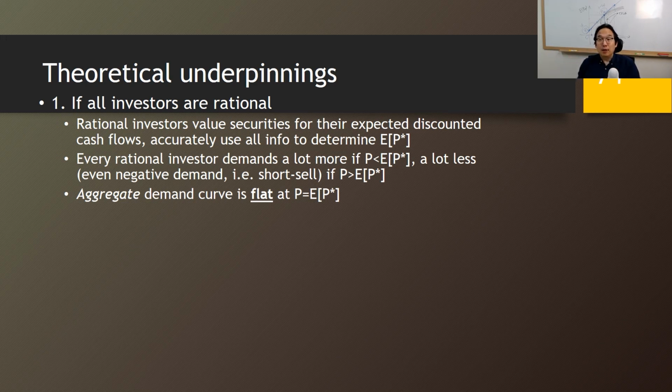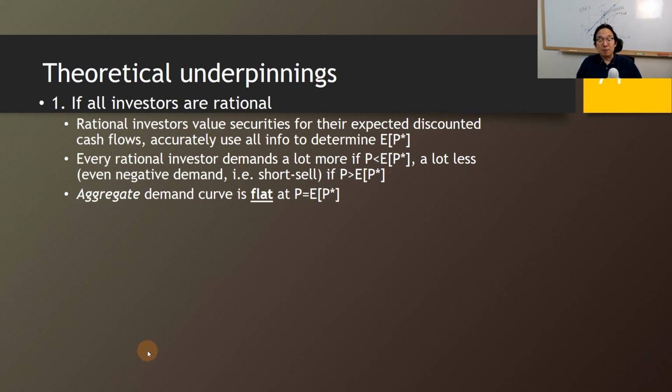So the demand increases to infinity even if the price deviated by just $1 lower. Infinity at $1 lower, so it's flat over there. And then $1 up, zero, instantaneously. So it's flat back again. Okay, so that's the first scenario.